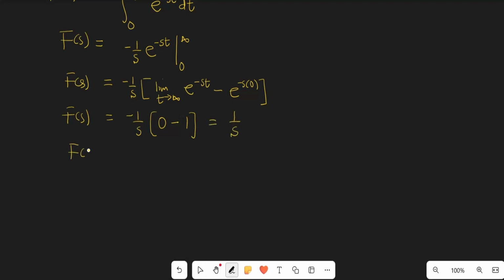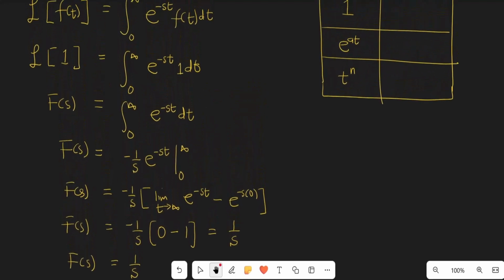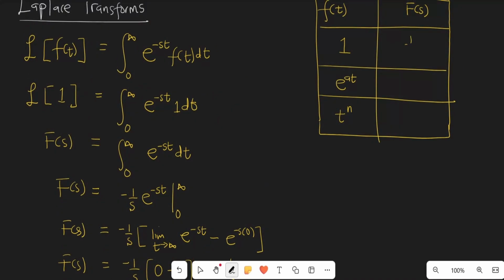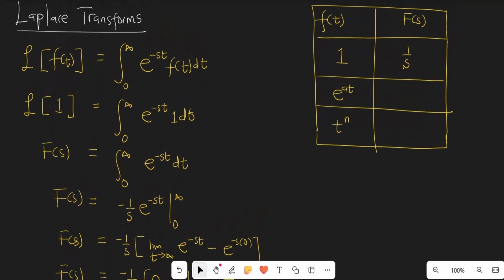So when the function is equal to 1, we are going to have 1 over s as the Laplace transform of the function 1. So the Laplace transform of the function 1 is just equal to 1 over s, which I'll fill in our table.